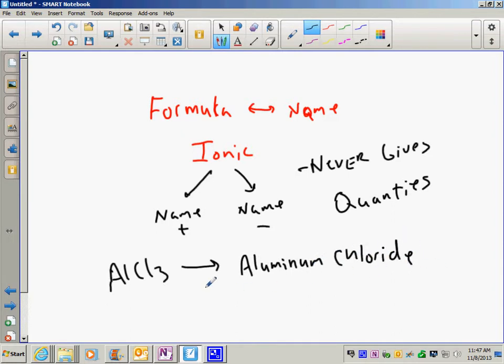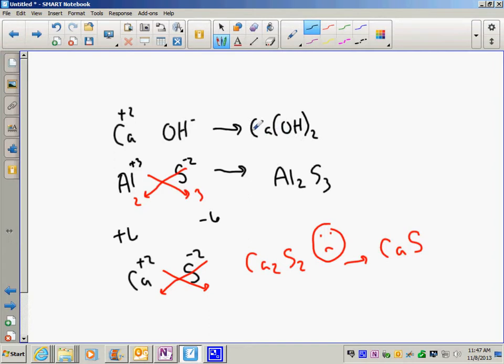Okay. Let's bounce back to the previous slide. We'll give the names of all these guys that we've written. This guy is calcium and hydroxide. That's all we simply do. Calcium hydroxide. It is the user of this name's responsibility to flip it back to a formula and figure out the charges and crisscross it.